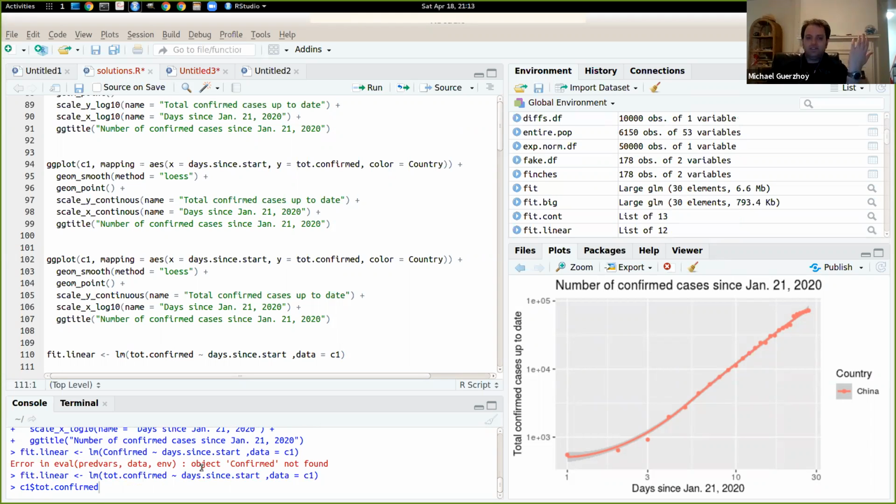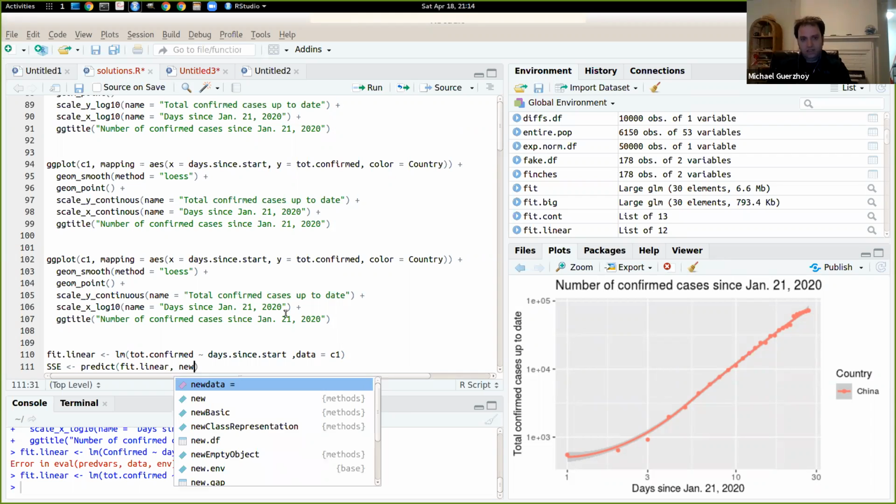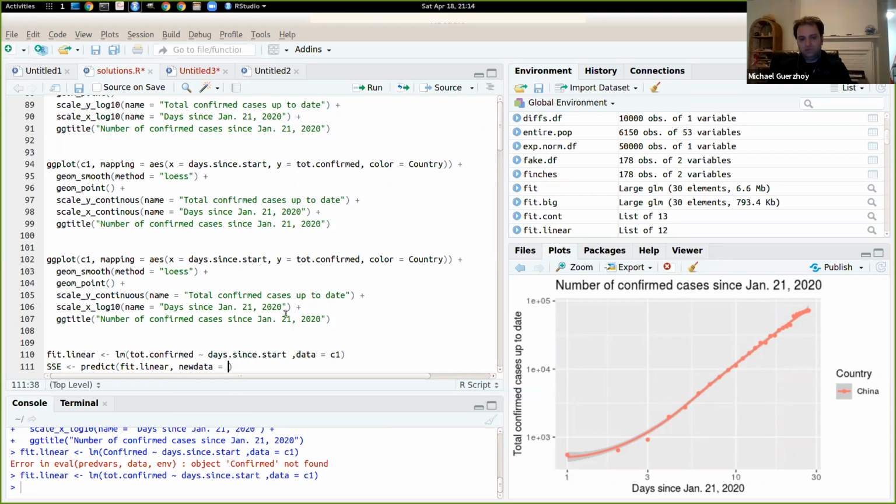Now, similarly to precept 4, we can compute the SSE for this case. The SSE here is going to be predict fit linear, with new data equal to C1. New data is just the old data.